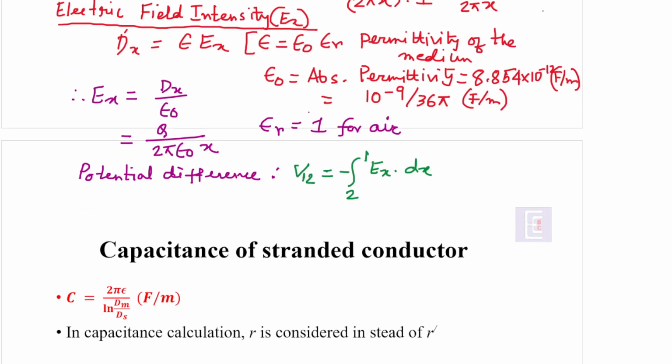If you evaluate this, your expression would be V12 equals, changing the limits from 1 to 2, Ex becomes q by 2 pi epsilon 0 into dx by x.